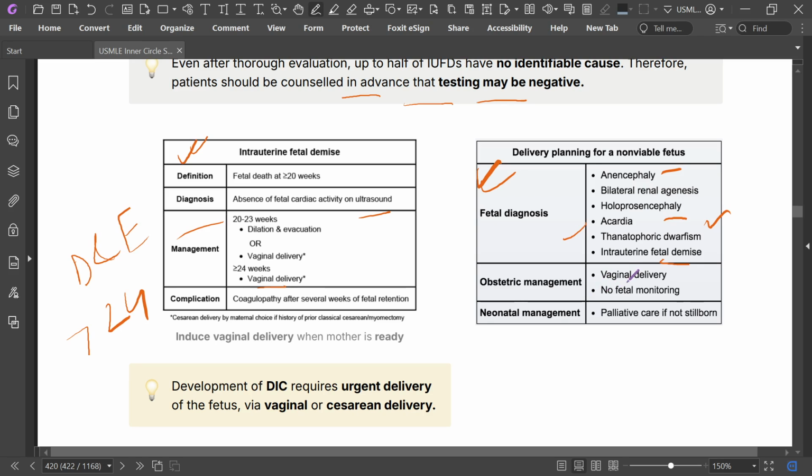Obstetric management is vaginal delivery with no fetal monitoring.